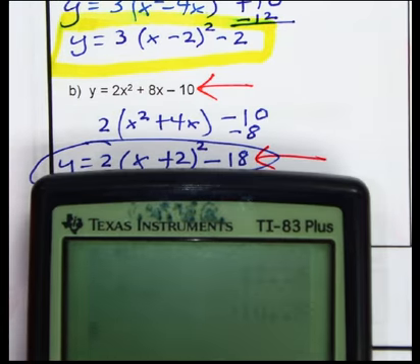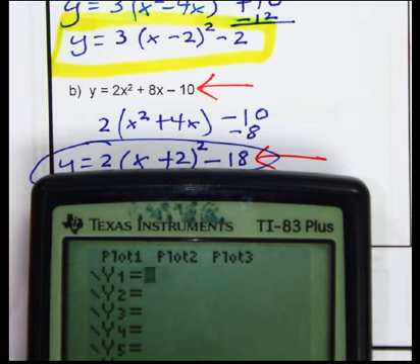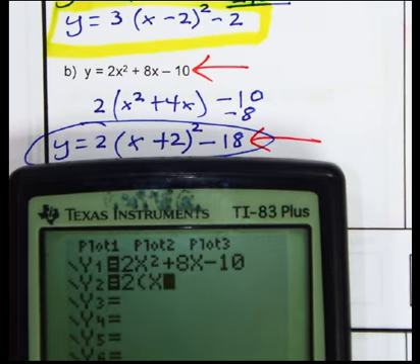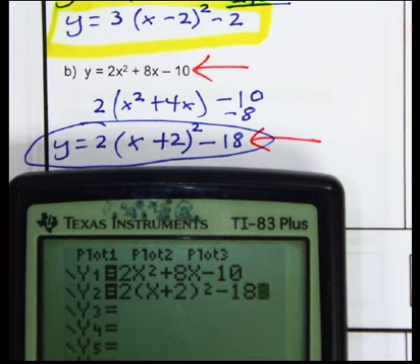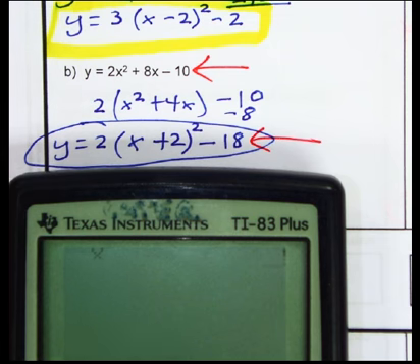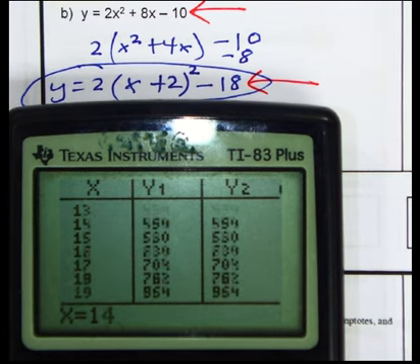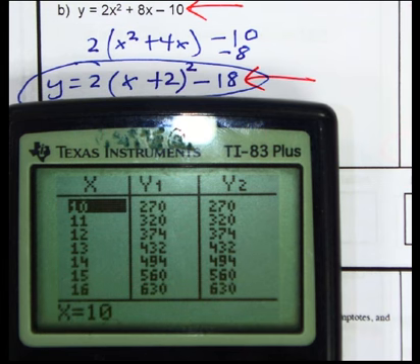So I go y equals, and I go 2x squared plus 8x minus 10, and the other one had a 2 on the outside of parentheses with an x plus 2 inside the parentheses squared, and then minus 18, and I go second table, and boom, the numbers match. So no matter where you are on this table, all of those numbers are exactly the same. Therefore, it proves that we did it right. It's an easy way to check your answer.